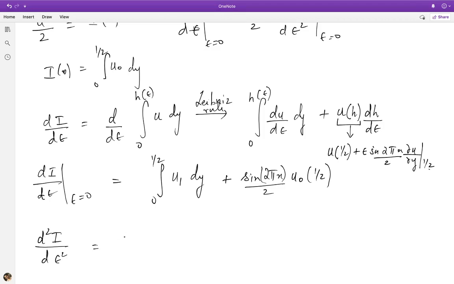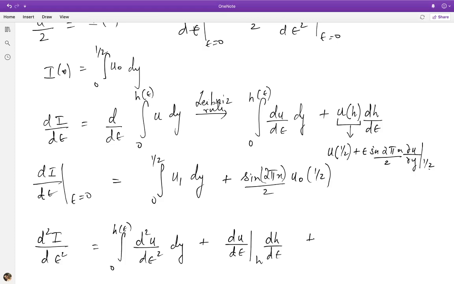So the first term will just give me the integrand now evaluated at h, plus, so that all comes from the first term.